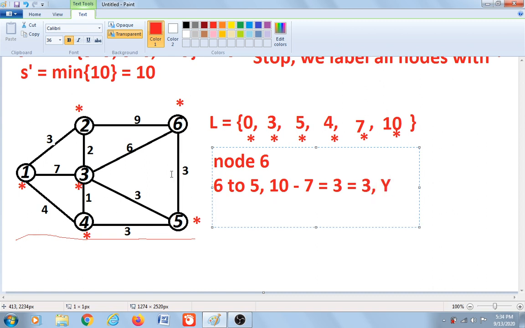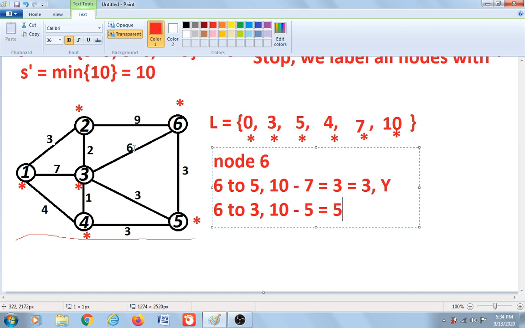Now from 6 to 3: 10 minus 3 is 7... sorry, 10 minus 3, and it is 5. What is the distance from 6 to 3?